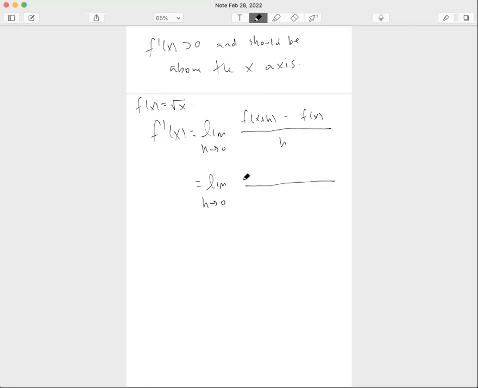Inside, yeah. You'll get something very different if you put it outside. How do you solve this? Conjugate? Conjugate, yeah. So let's do that.